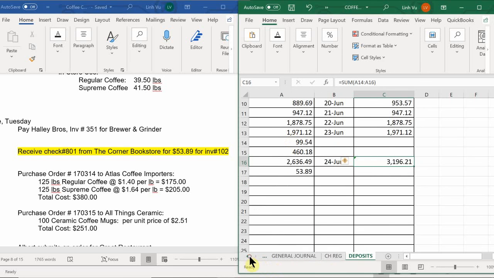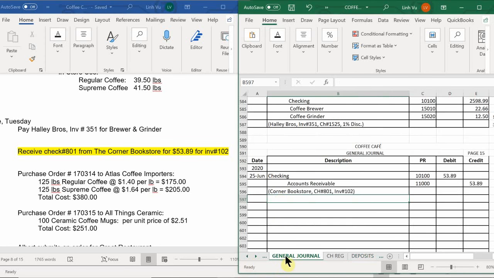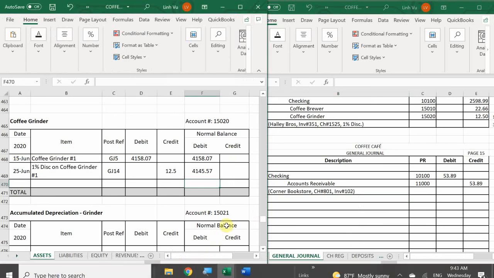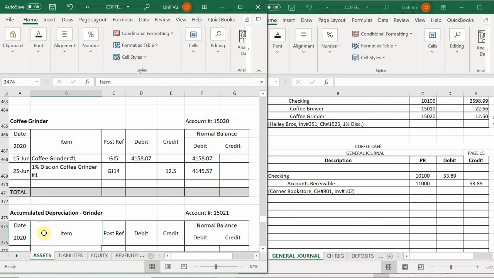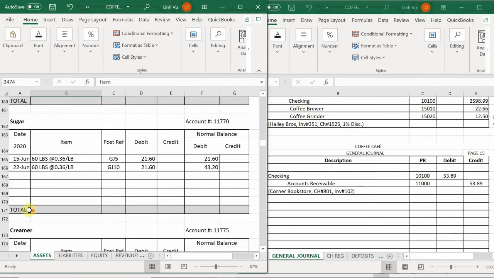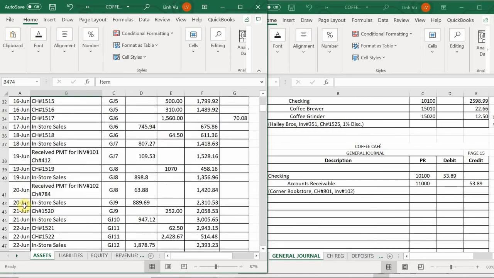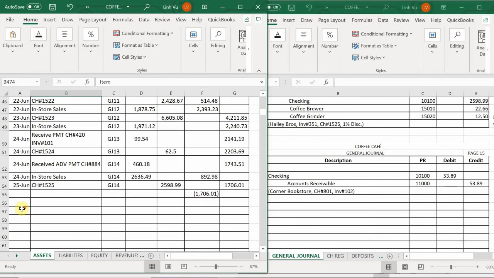And then next, we can go into the general ledger to checking. Here, I would just put received payment invoice 102.